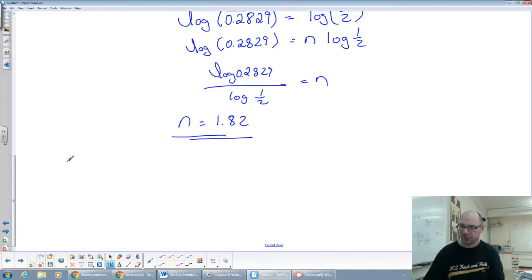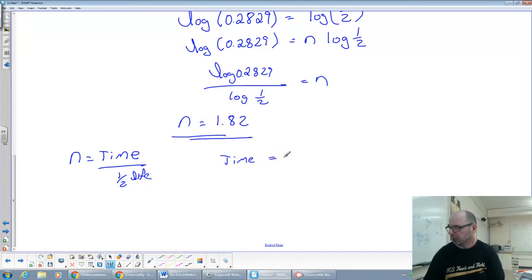So that means to find time, we know that n equals time divided by half-life. If we want time, we have to multiply, so time equals n times the half-life.